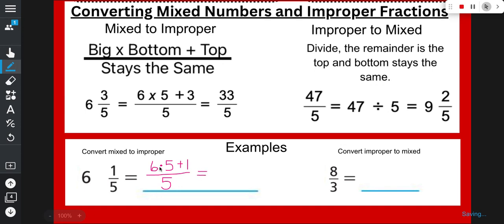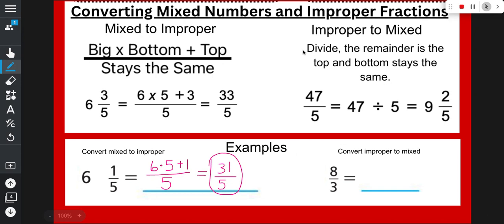So if I do 6 times 5, I get 30, plus 1, I get 31 over 5. And that would be my answer for our improper fraction. Improper just means your top number is bigger than your bottom number.